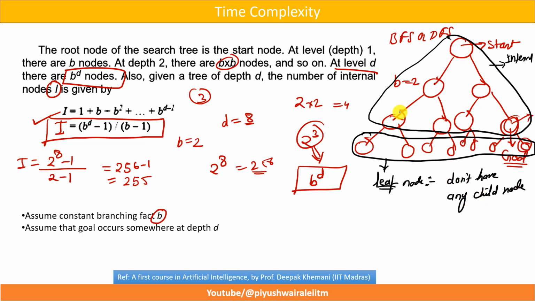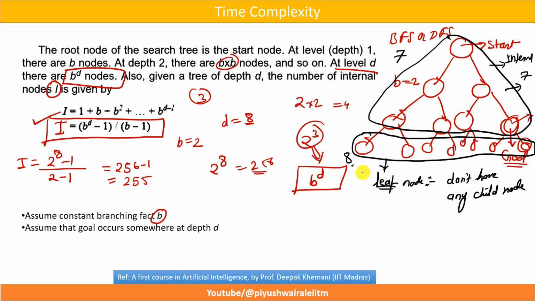If you observe in this particular tree, there are 1, 2, 3, 4, 5, 6, 7 internal nodes and 8 leaf nodes, right? If we are using BFS, that is breadth first search, it will go level by level. So up to here, it has to explore only 7 nodes, but in the case of the last level, it needs to explore 8 nodes, right? So as depth increases, the complexity will be more, right?